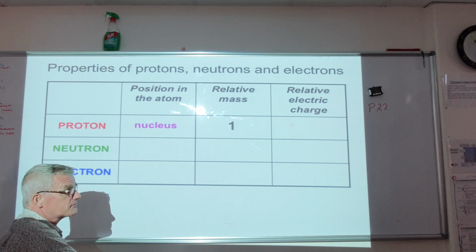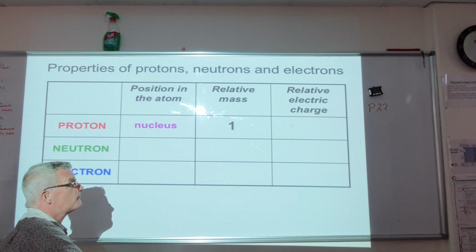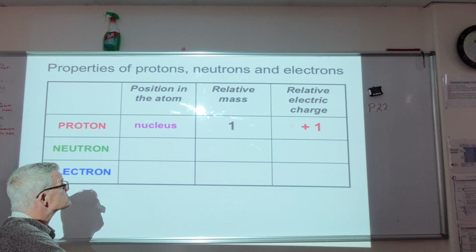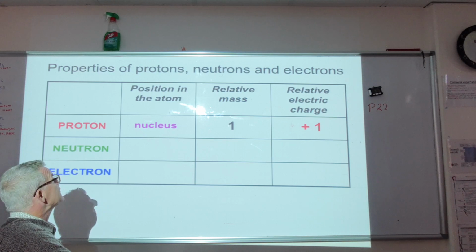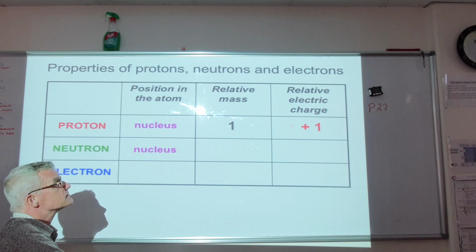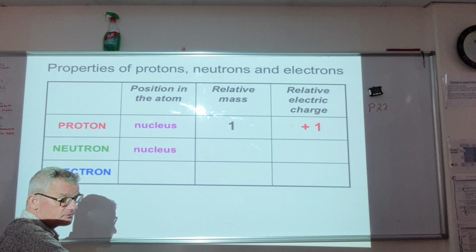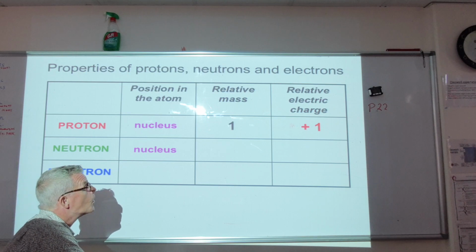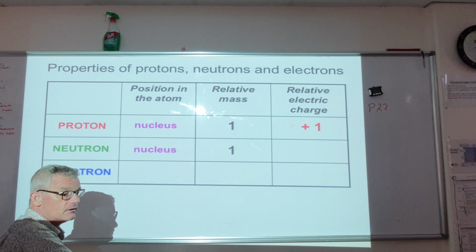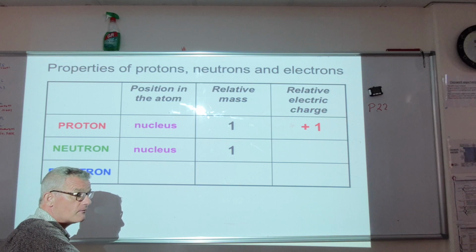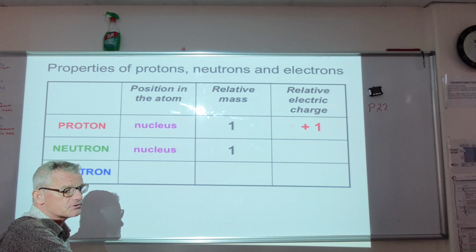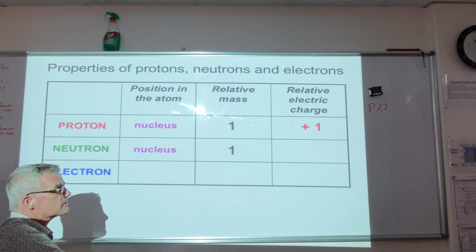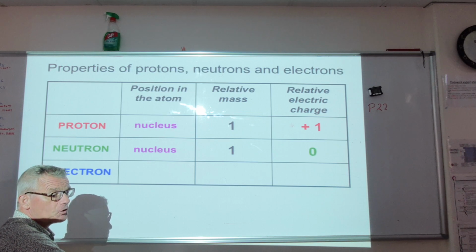What would be the relative electric charge? That is +1. When we look at the neutron, where do we find the neutron? In the nucleus. The relative mass of a neutron is equal to that of a proton, which is 1. Now, neutron sounds like neutral. So, one of the reasons why we call it a neutron is that it has no charge.